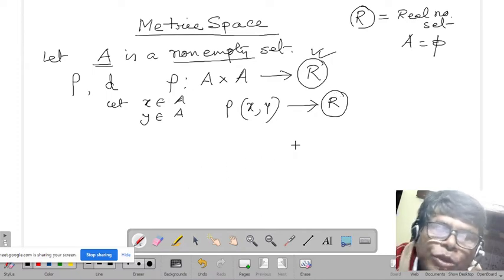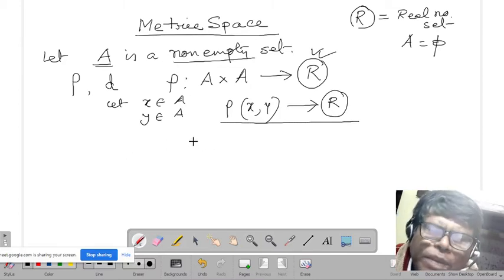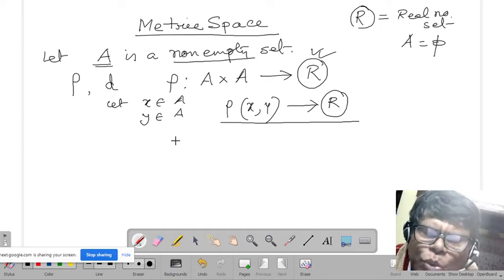So this is the function value. Now we can define this function in many ways. We know that x plus y is a function, x minus y is also a function of x, y.